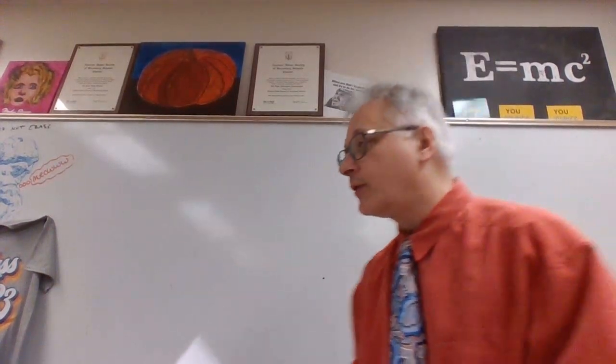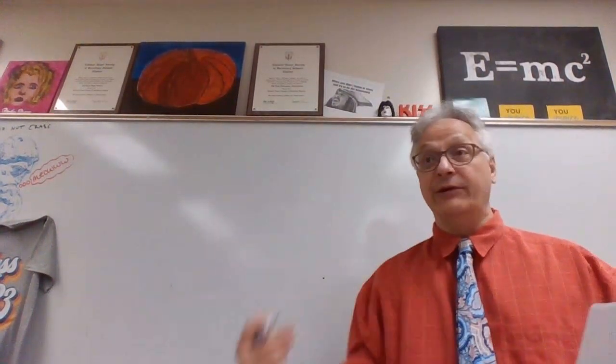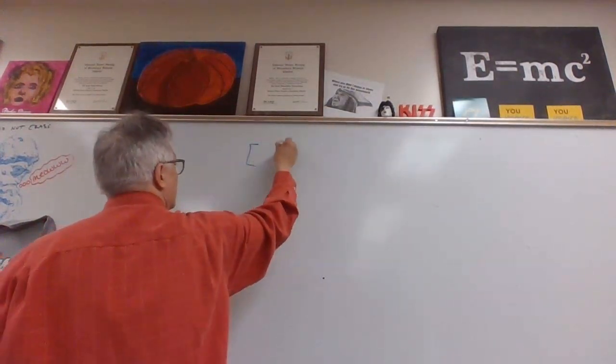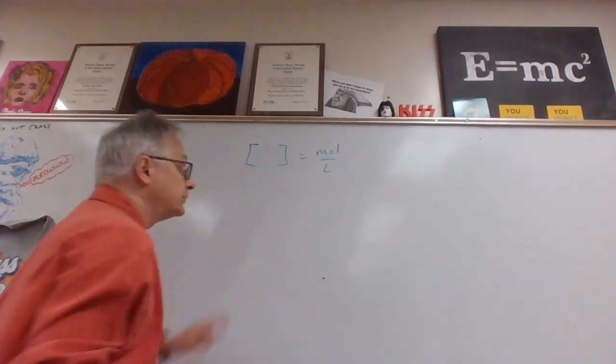Okay, question number one. The trick with question number one, and all of these problems, not that it's a trick, but you have to be very careful because if I give you moles and liters, you have to get concentration in molarity. Molarity is moles divided by liters. So don't forget that.